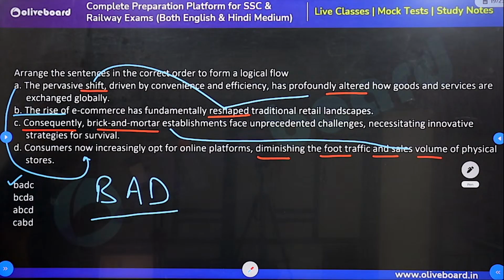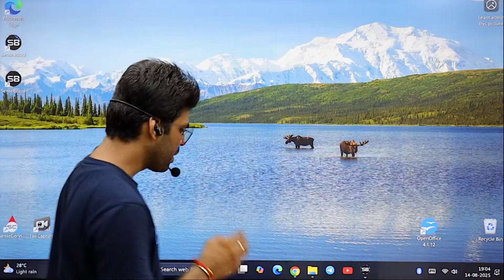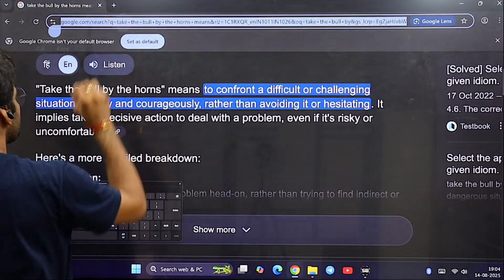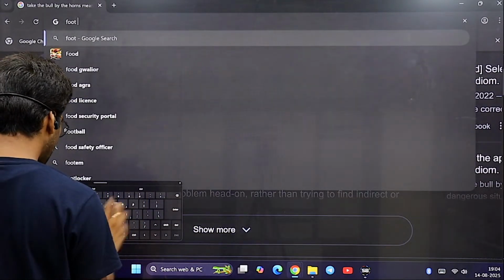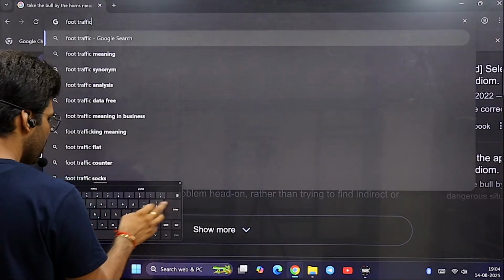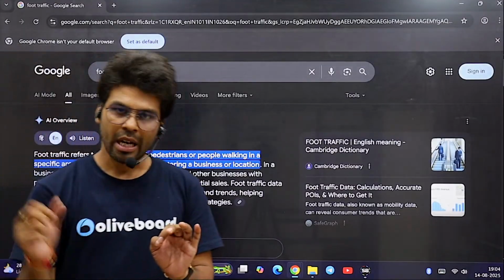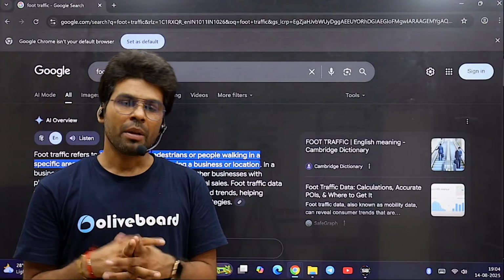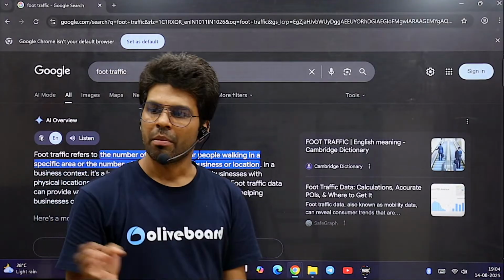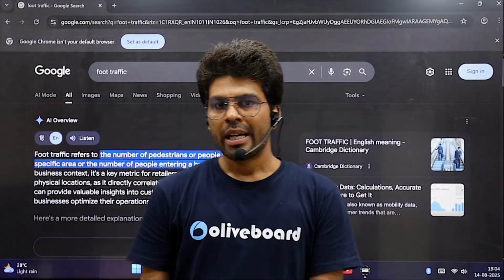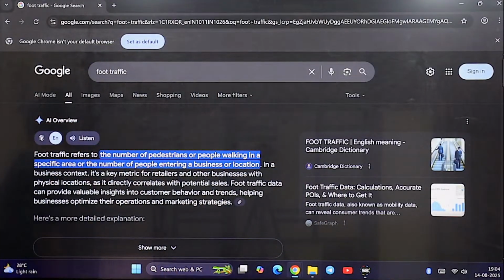I think it should be foot traffic, probably. I don't know the technical jargons of retail and such, but let's check live. Manish, explain it, brother. In my opinion, when we go to a shop, we have many people out there. Many people are standing in the queue behind your back and such, probably.